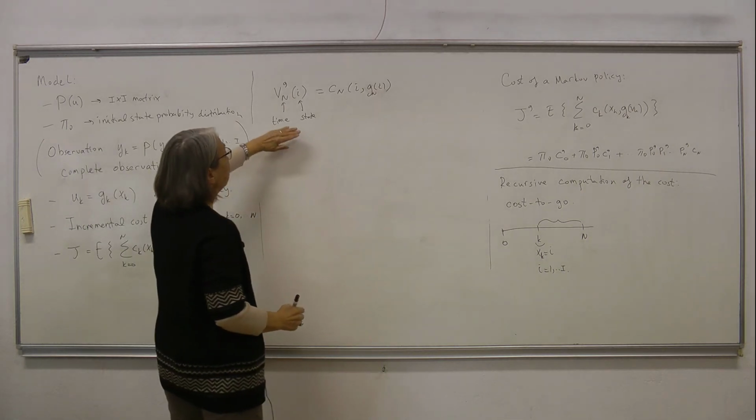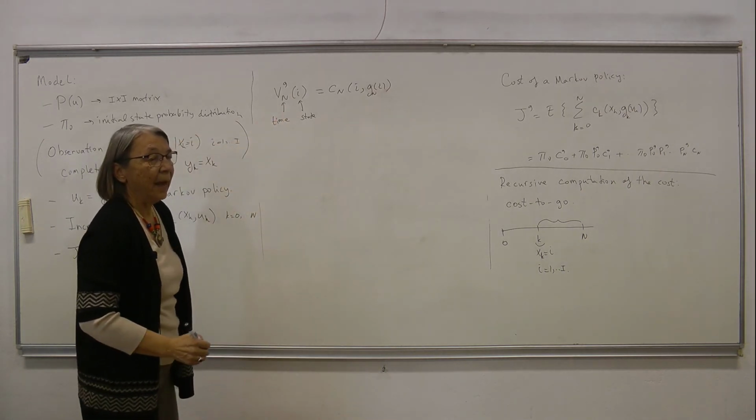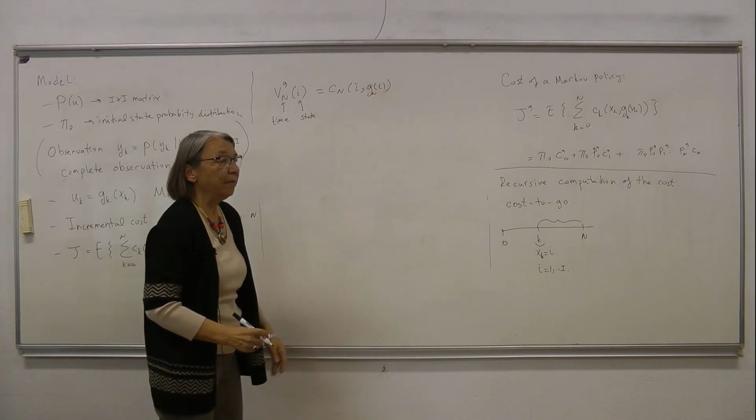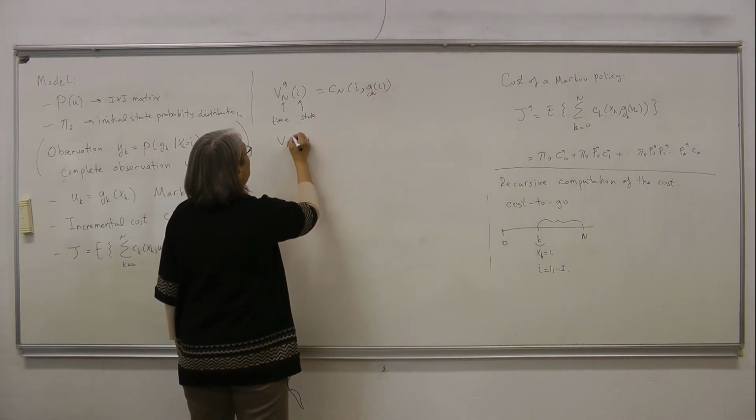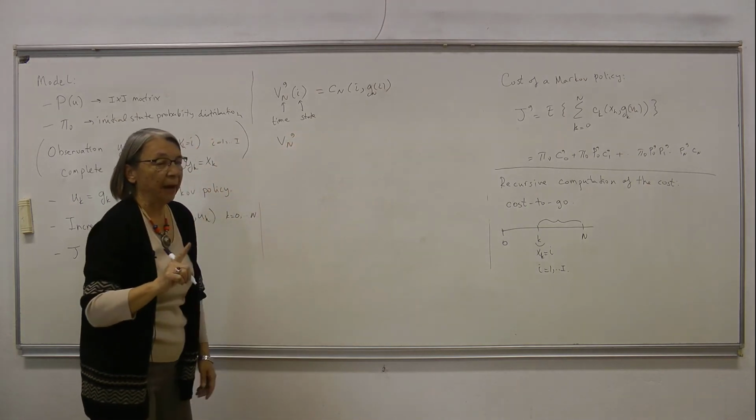And we just said that we will do it for all states. As a result, we will obtain a vector of size capital I. Therefore, I will write V_n^g to denote this vector.